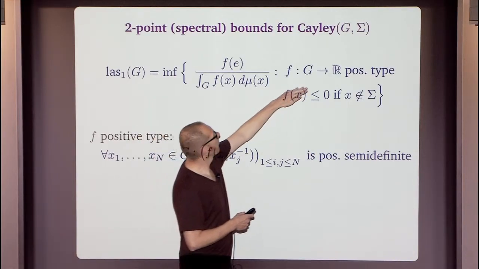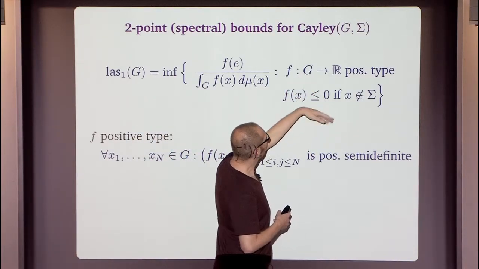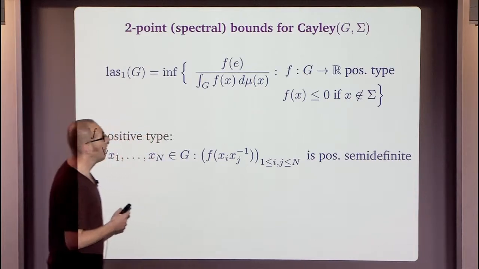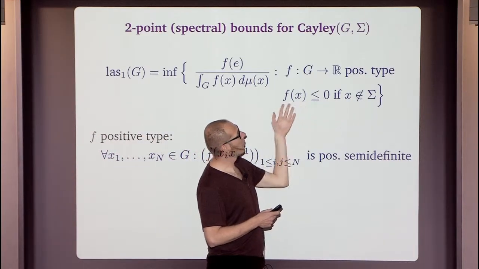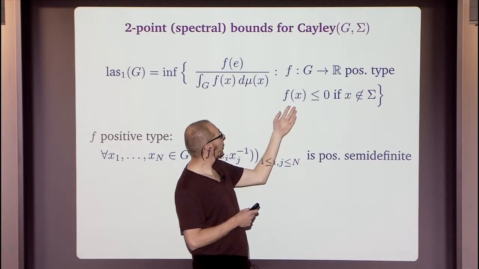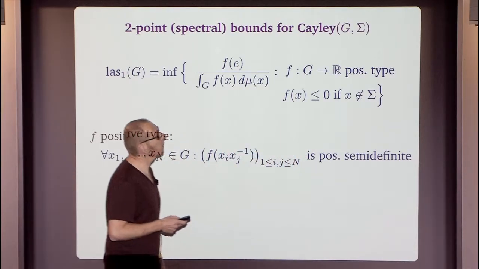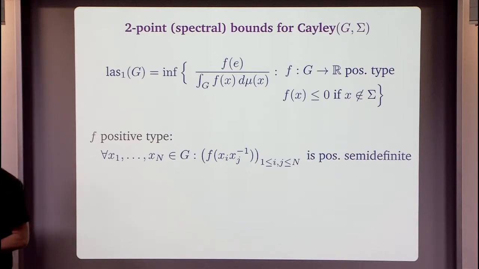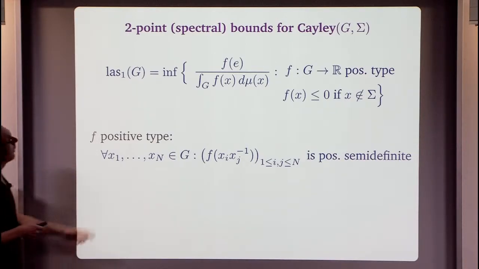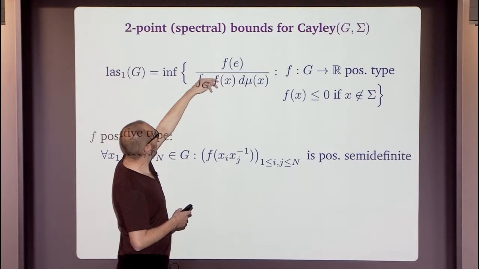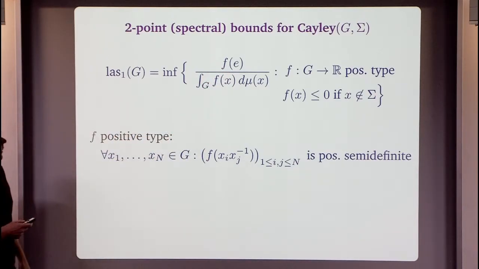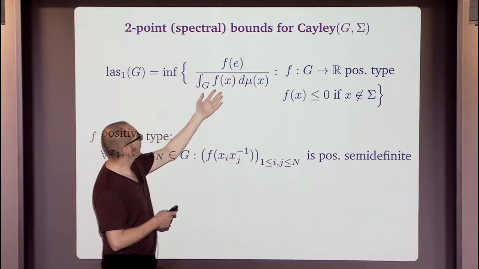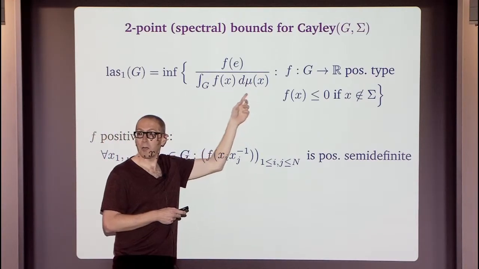They're functions from G to R, which have some special PSD property. Then these functions should be connected somehow to the adjacency relations. So f of x should be non-positive whenever x does not lie in sigma. And then we want to optimize this fraction here. We want to minimize f of e, f of the neutral element, divided by the integral of f over the complete group, where mu is the Haar measure on the group.